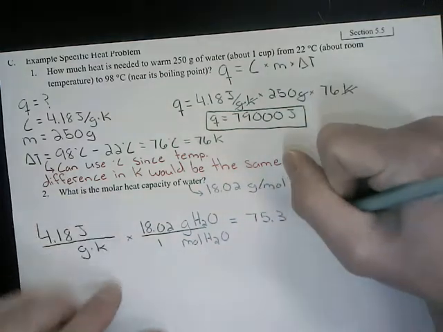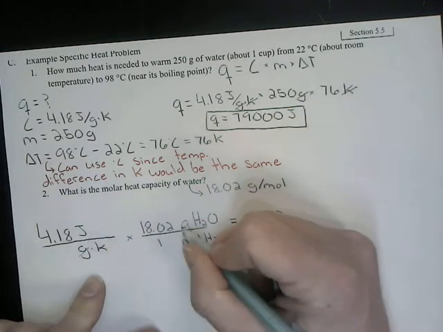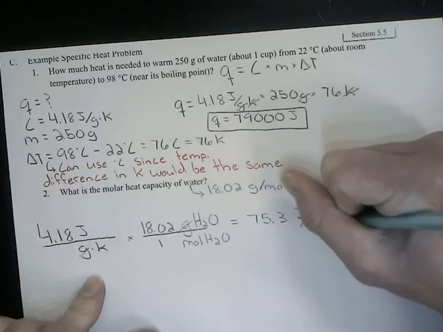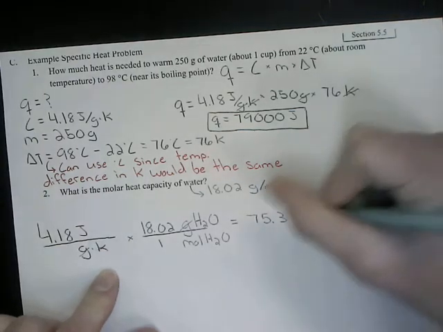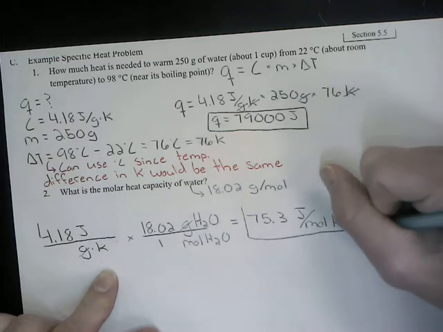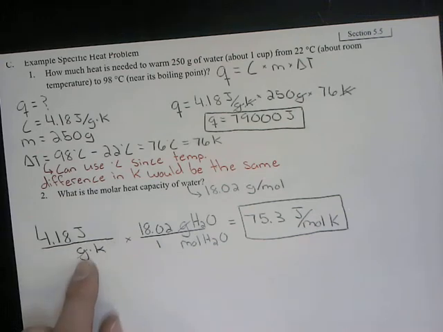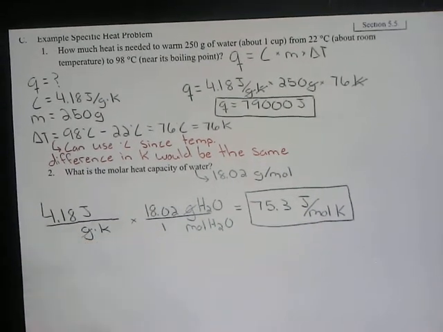Now let's talk about units. We have canceled out grams, so what we have is joules per mole Kelvin, and that's how we solve for our molar heat capacity. Instead of expressing the heat capacity in grams, now we are expressing it in moles, so we had to make that conversion.